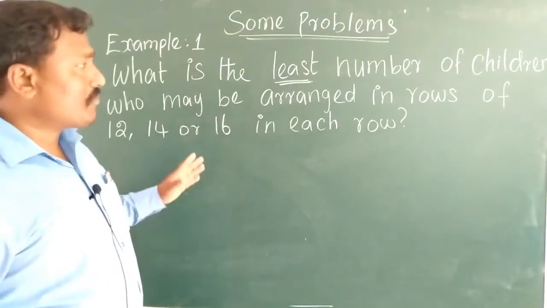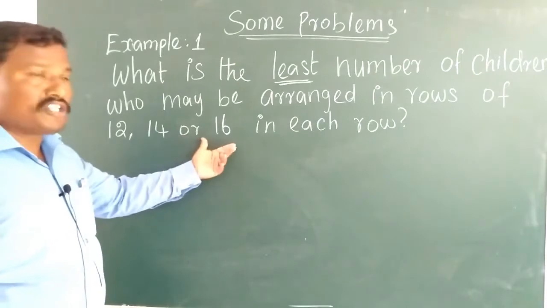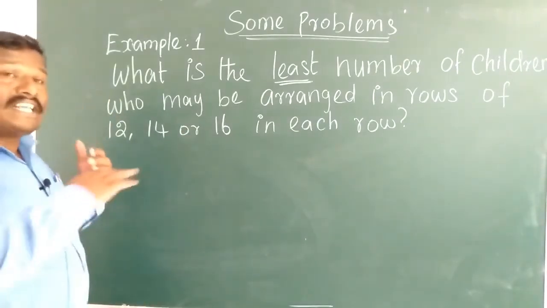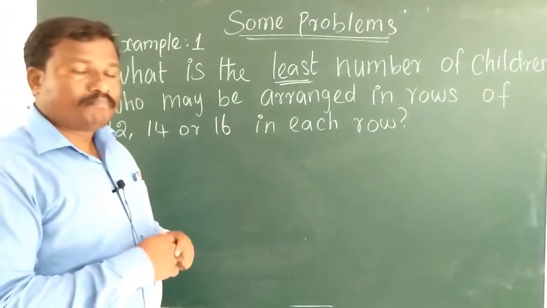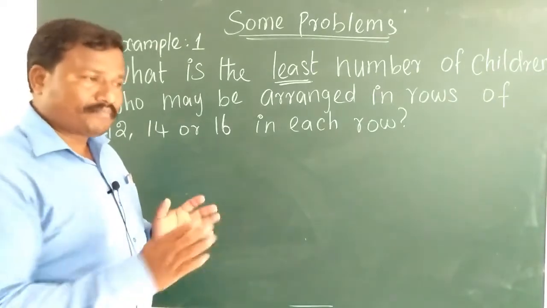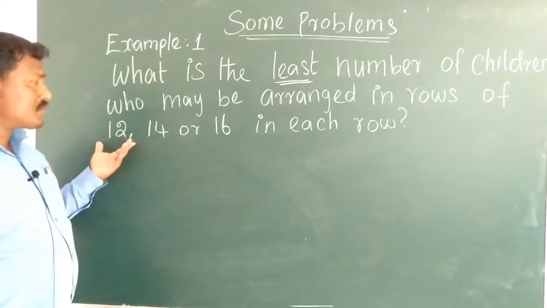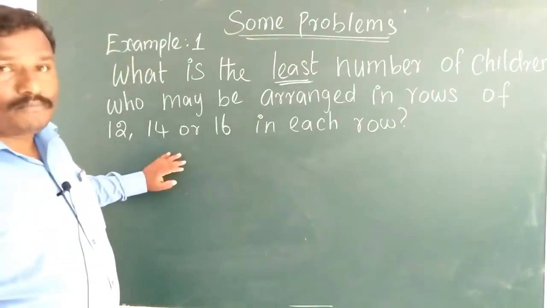These are the rows: 12, 14, 16. Students are arranging in rows. So what is the least number of students they can arrange in each row? The rows mean the number of rows 12, 14, 16. So we need to find the LCM.